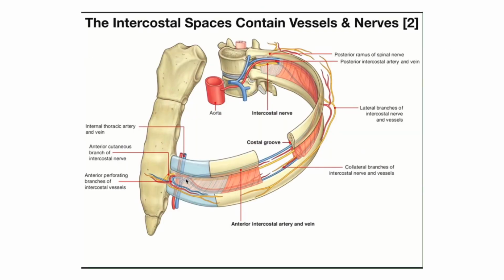Intercostal nerves can be divided into two parts. One of them is typical nerves, and then we have atypical nerves. For all nerves, whenever they originate from the vertebrae or the intervertebral foramen, they divide into two parts. One is the anterior ramus, the other one is the posterior ramus.